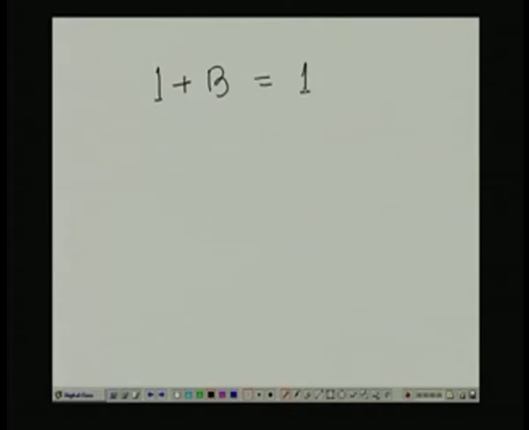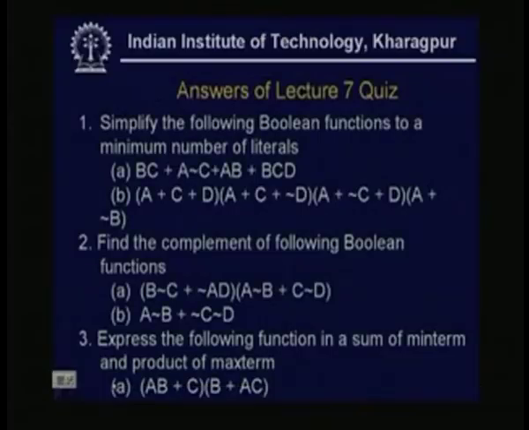We have utilized this formula and we have simplified that equation.